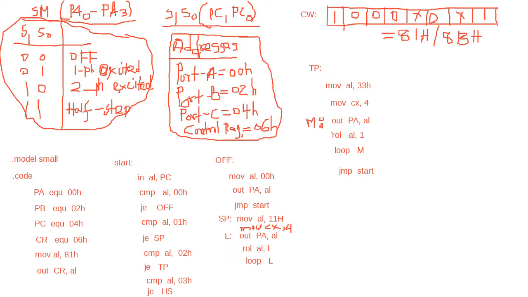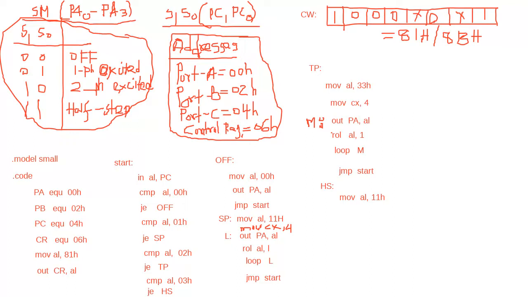But what about the half step mode? The only tricky part here is the half step mode. So for half step mode, what do we have to do now? We can write move AL comma 11H, for single phase 11H, and move BL.